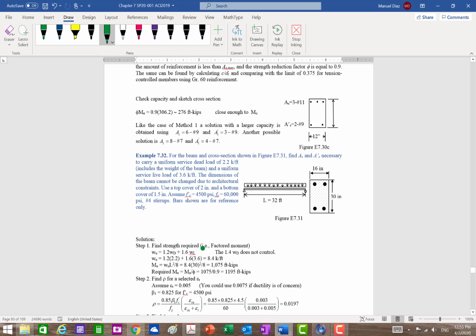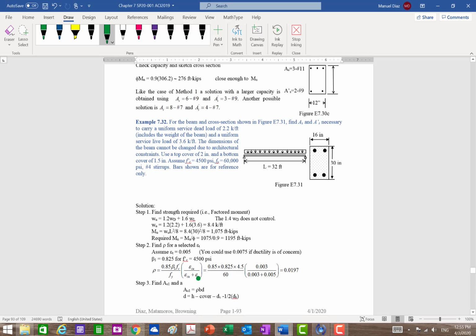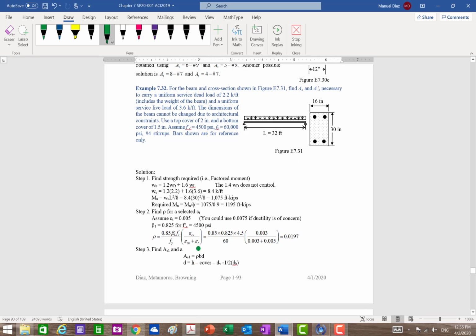Okay? All right, so we, again, find our factor load, right? Because it's simply supported, we find our moment. Take that moment, divide by 0.9, right? I put 0.005 here to find my maximum amount of steel.